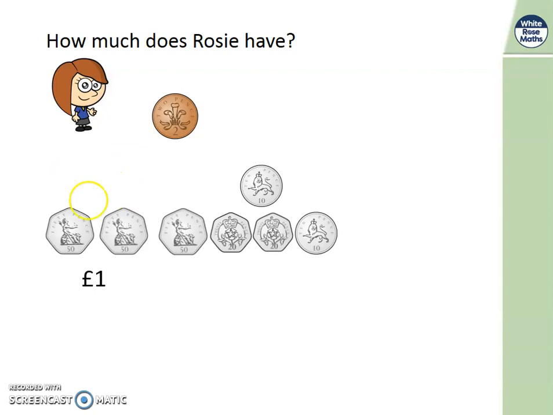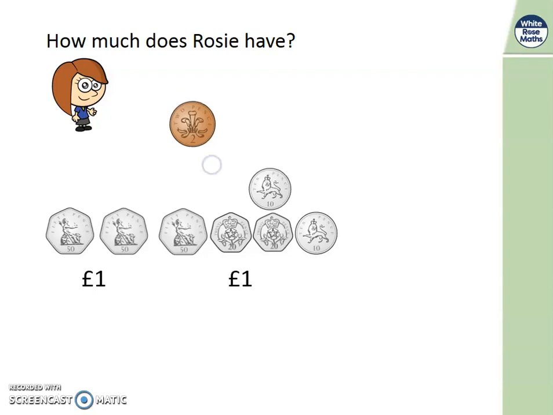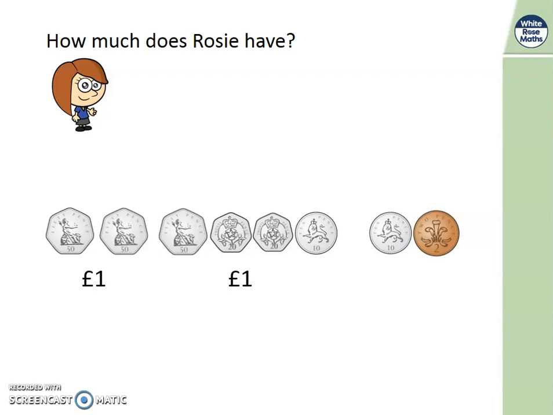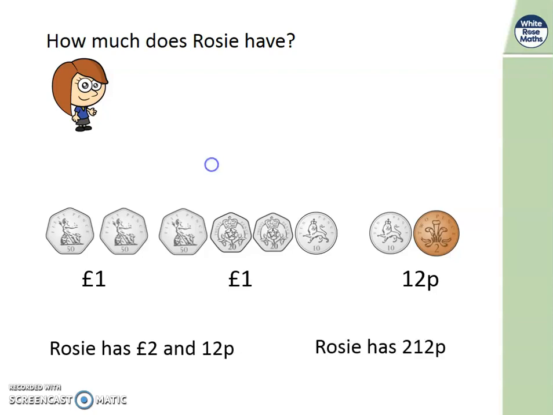Yes, we're using our knowledge that 50p and 20 and 20 and a 10 makes another pound. What does she have left? 10 add 2 more pence is 12p. So how much does Rosie have? She's got £2 and 12p, or 212p.